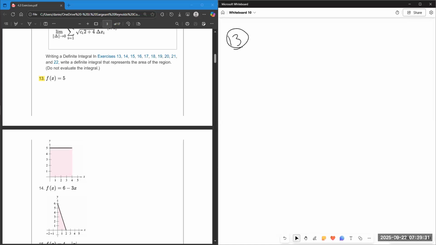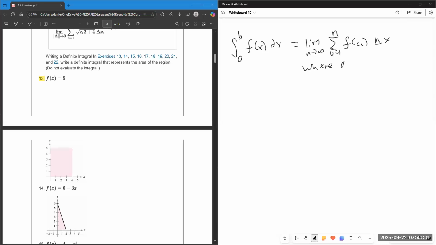I've already kind of alluded to that the definite integral from a to b of f of x dx is equal to the limit as n goes to infinity of the summation from i equals 1 to n of f of ci delta x, where delta x is equal to b minus a over n, and ci is equal to a plus i delta x.